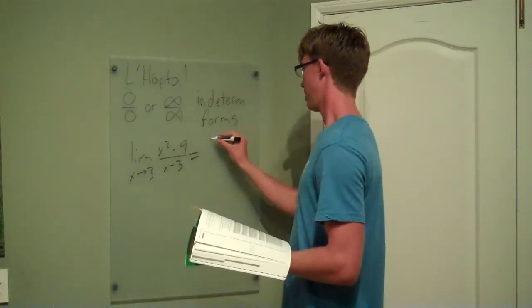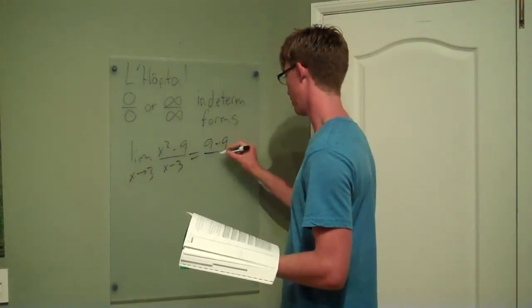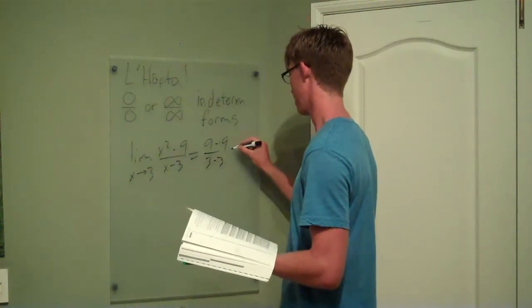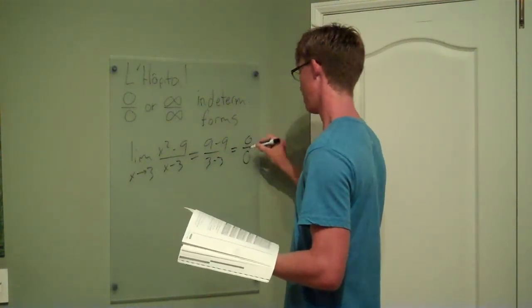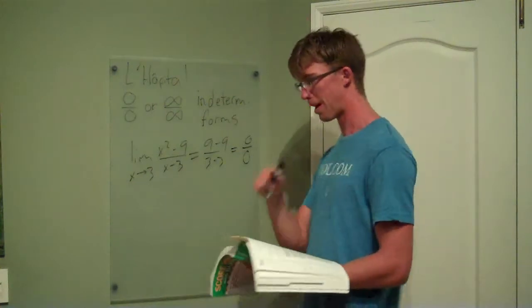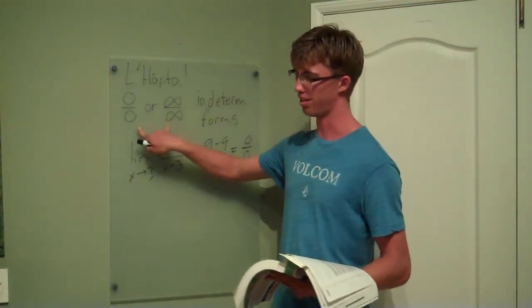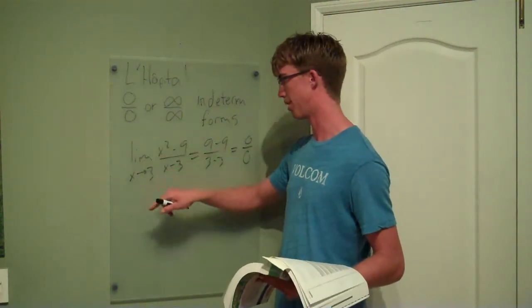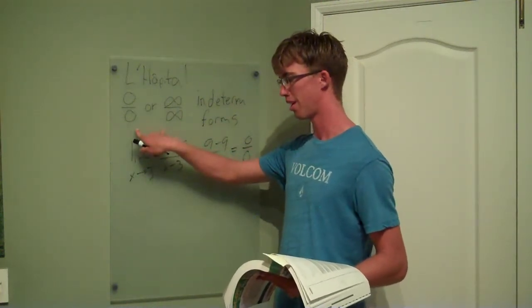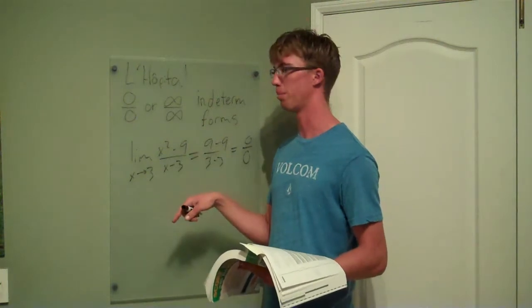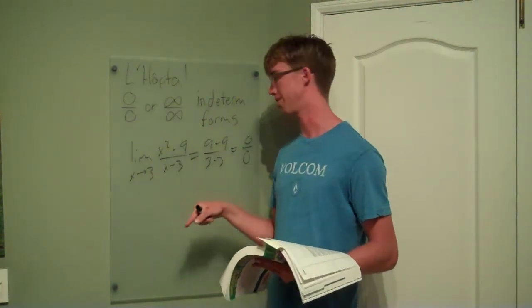And when you plug it in, you get 9 minus 9 over 3 minus 3 equals 0 over 0. That's one of our indeterminate forms. And keep in mind, L'Hopital's rule only works if you get one of these two indeterminate forms when you initially plug in. If you don't get one of these two, there are certain cases where you're alright, but most of the time that means you can't use L'Hopital's.